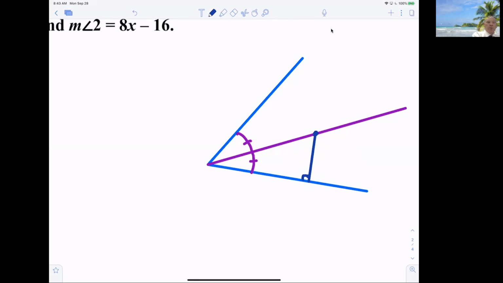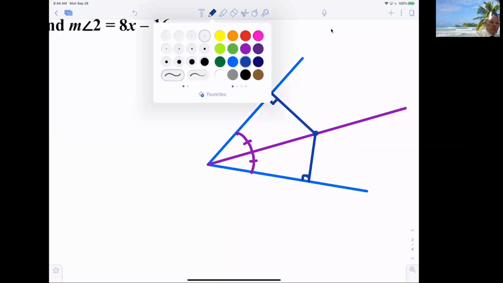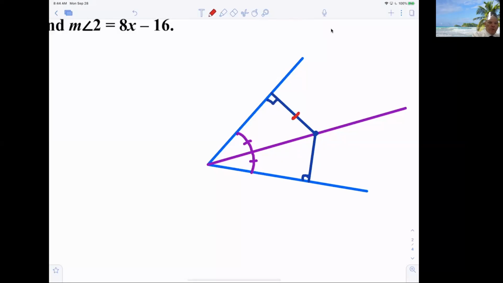All right, so now I'm going to do the other one over here. So that to me looks kind of perpendicular. So if that's perpendicular, then somebody can tell me what's true about this right here and this right here.